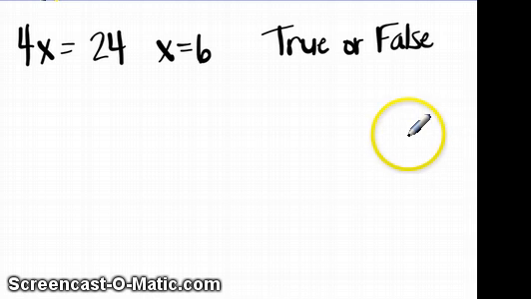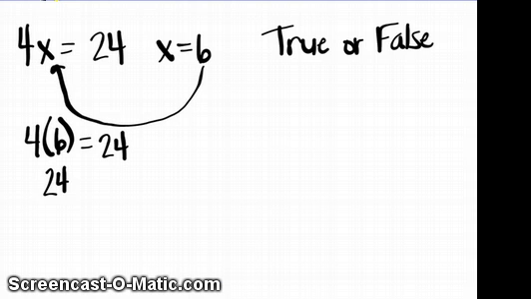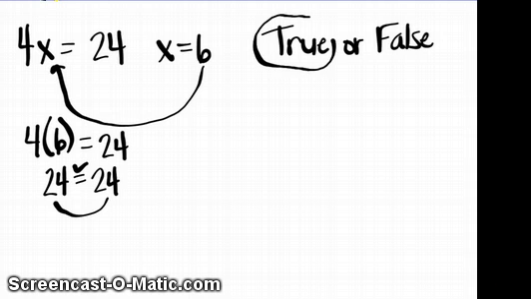So I'm going to put 6 in for my x and rewrite the problem. And I know that 4 times 6 equals 24. And if my numbers on both sides are the same, then that would make it a true statement.